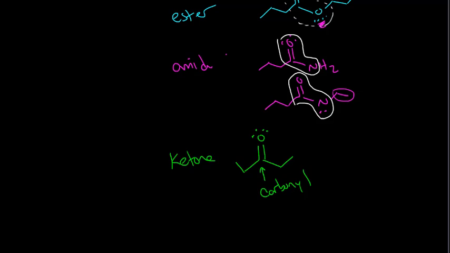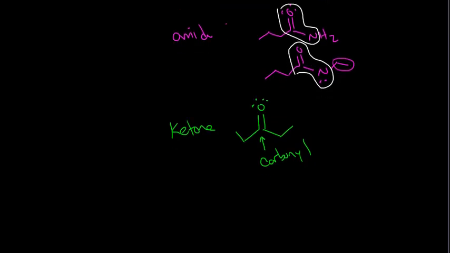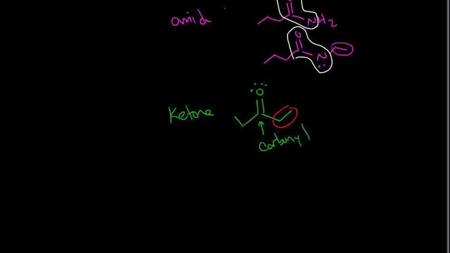So only a single carbonyl within a hydrocarbon chain is called a ketone. If we remove these carbons and replace one with a hydrogen, so we're left with a carbonyl with this hydrogen on the end, so we have a terminal carbonyl, this is called an aldehyde. So this part of the molecule is the aldehyde. We have a terminal carbonyl.